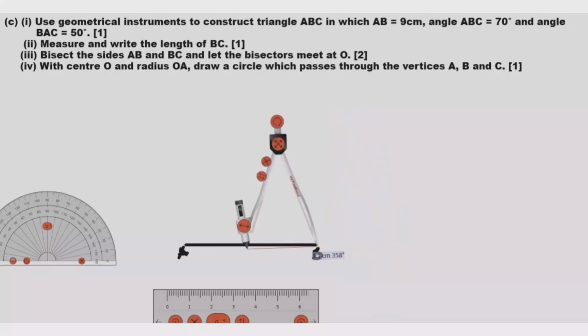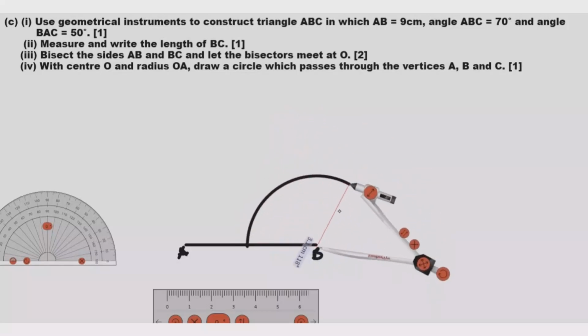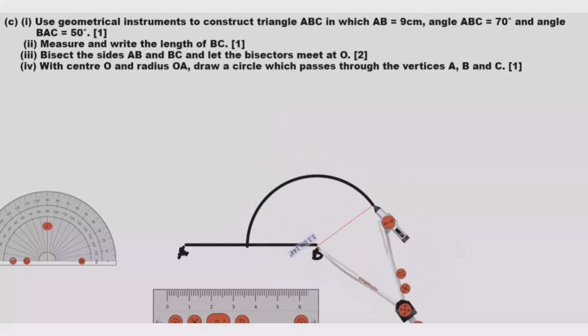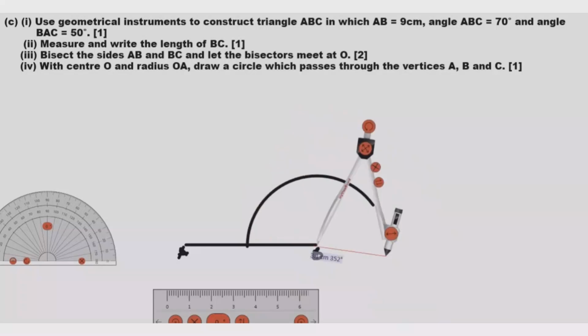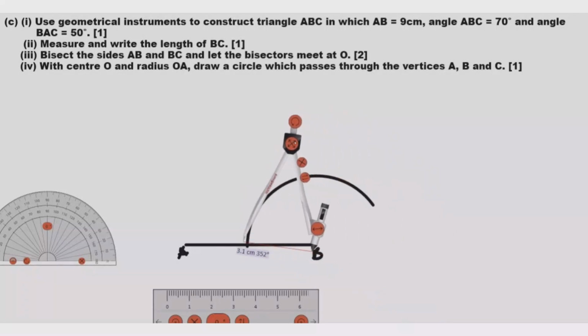Then I'm going to draw an arc like this. Once I've drawn the arc like that, the next thing I'm going to do is use the same measurements. I'm not going to adjust the measurements, the same measurements just like I did.